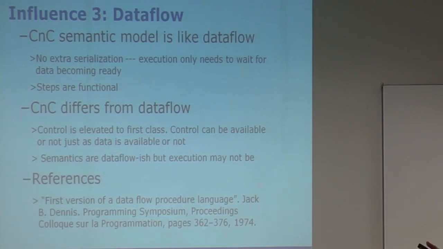So there's no extra serialization. You only need to execute when the data is ready and the steps are functional. But we've elevated control to first class. So these tag concepts are first class, and you can compute and manipulate them.